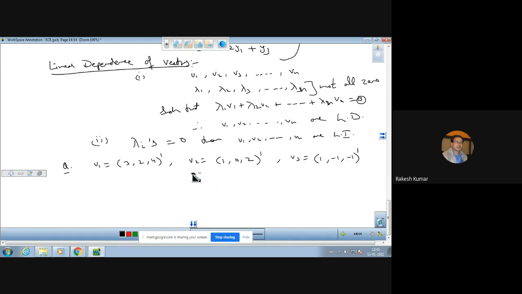Now we have to check that v1, v2, v3 are linearly dependent or linearly independent.